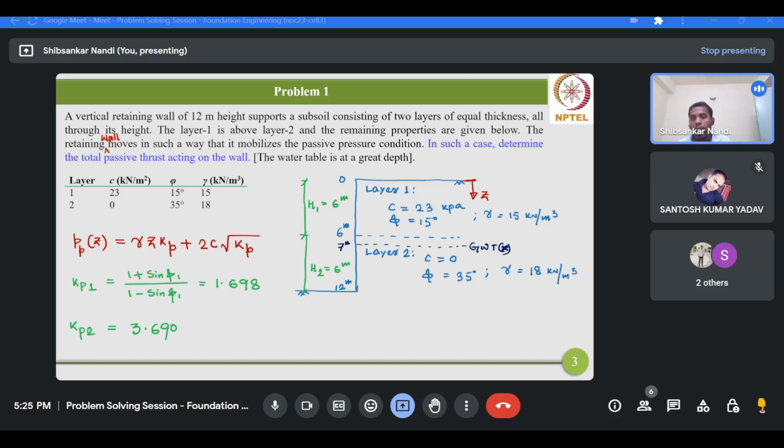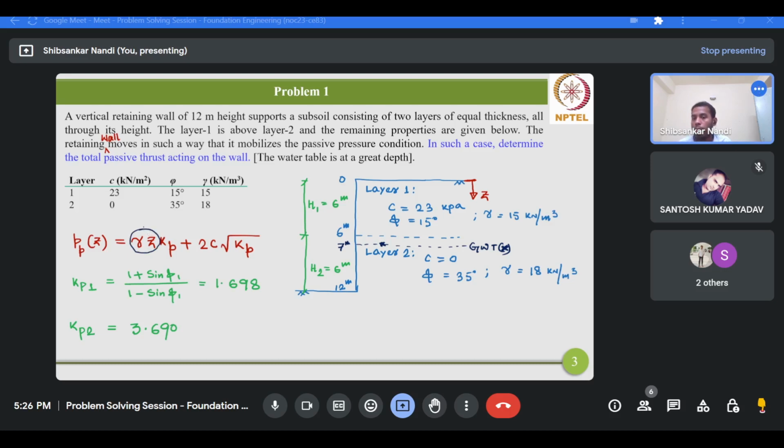Since you have a water table in layer 2 at a depth of 7 meter, you have to calculate the passive earth pressure. Now how can you calculate the passive earth pressure at 7 meter? For that, first you have to calculate the vertical overburden up to this 7 meter depth. That will give you the gamma z component. Gamma z is nothing but the vertical overburden.